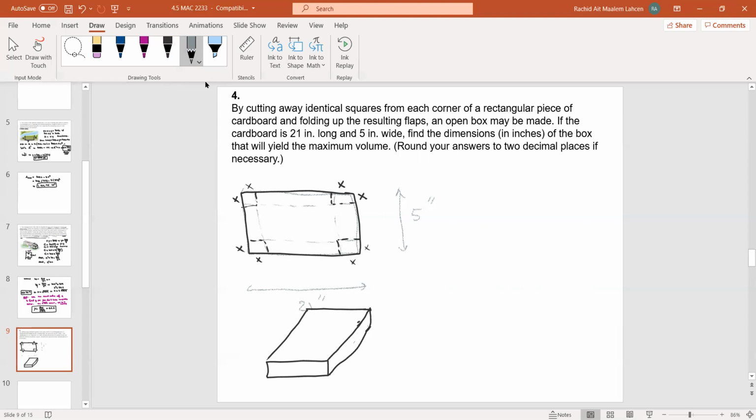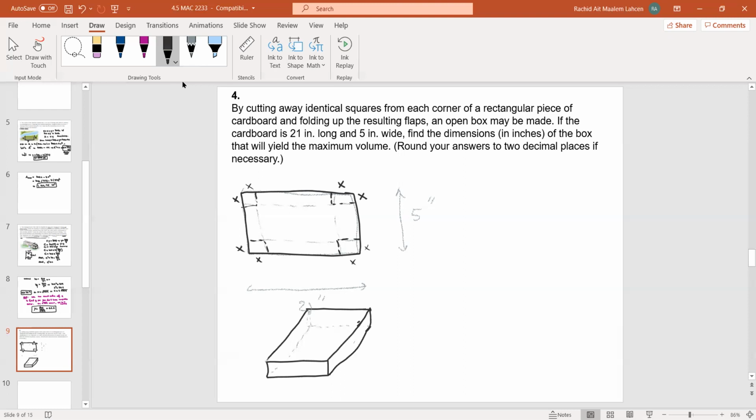And of course, the inside is going to be something like this, such that when you fold this box, you're going to have the maximum volume.